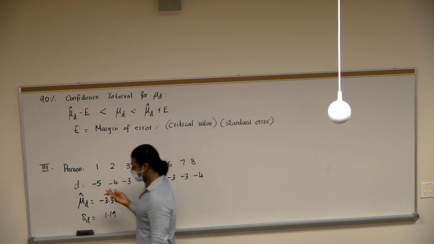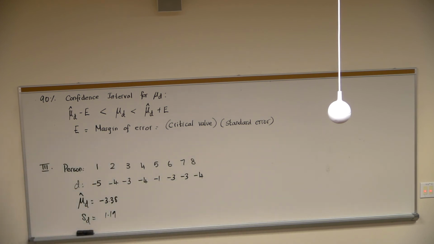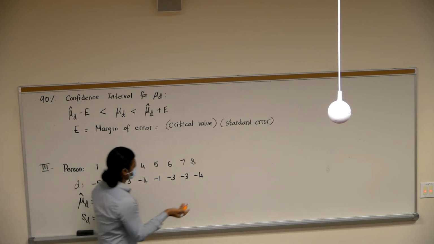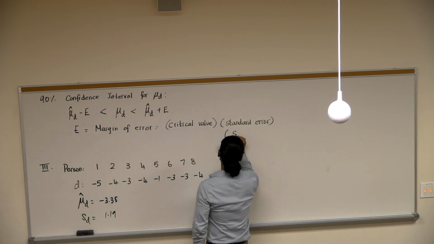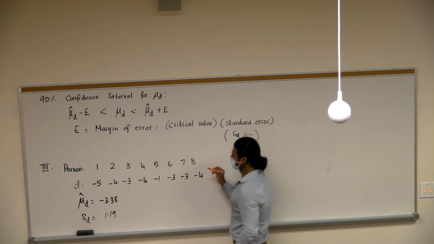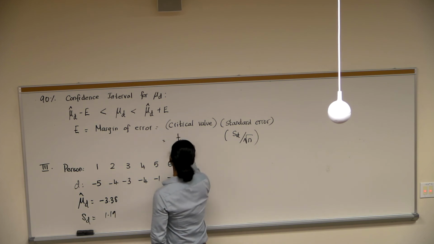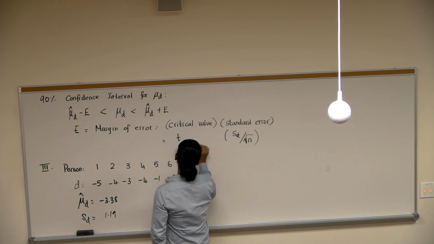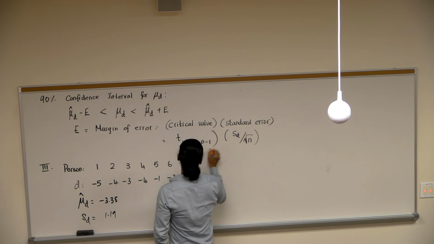The standard error is always the denominator of the test statistic, theoretically. So in this case, it's simply SD over square root of n. And the critical value is t sub 1 minus alpha over 2, comma n minus 1.